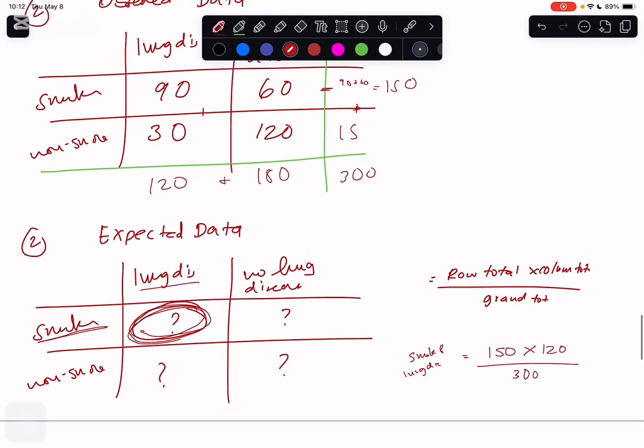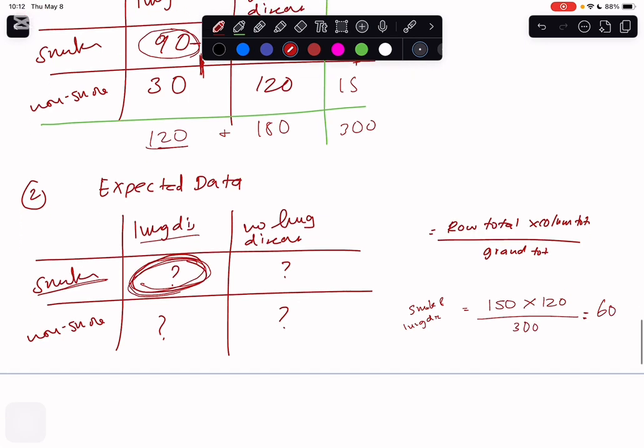Okay, where did I get 150? Look at the 90: the row total where 90 is, is 150. The column total where 90 is, is 120. I'll take these two values, multiply them with each other, over 300, and I get a value of 60.